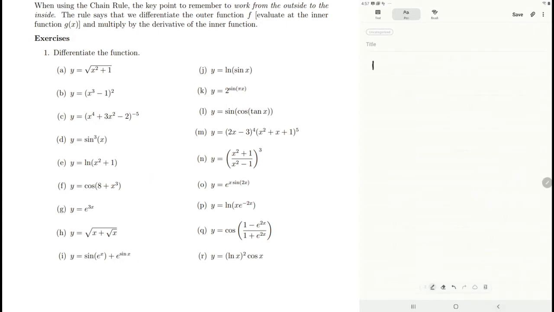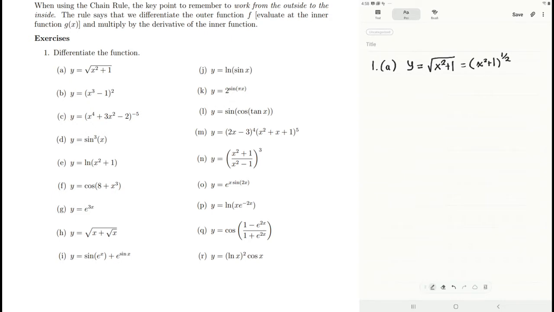So in the first example, we have y is the square root of x squared plus 1. And when we're dealing with square roots, let's rewrite it as an exponent. So this is x squared plus 1 to the power of 1/2. And so here we have a composition of functions.